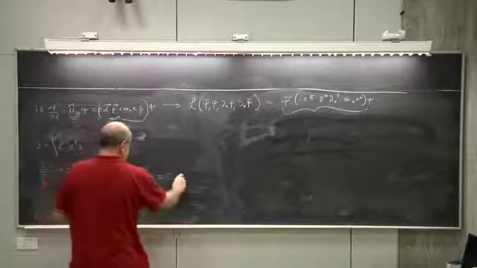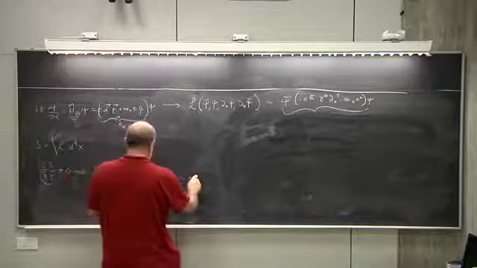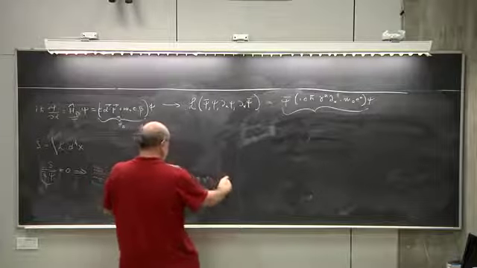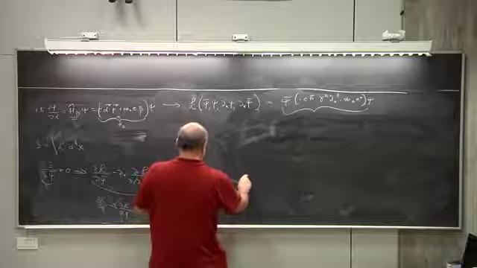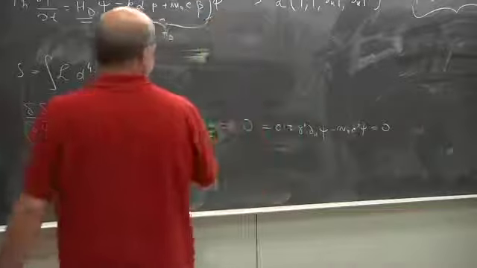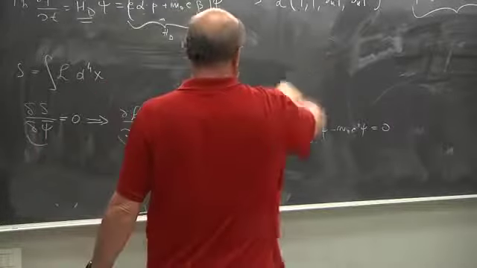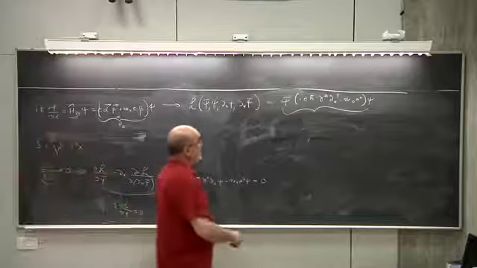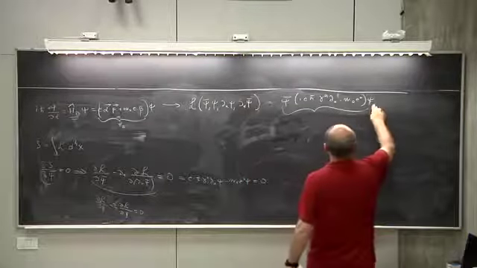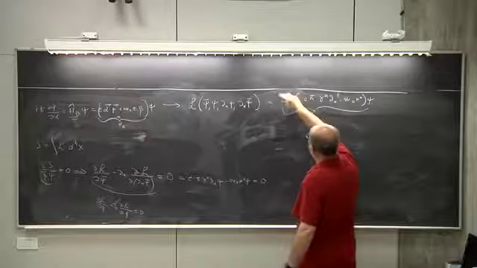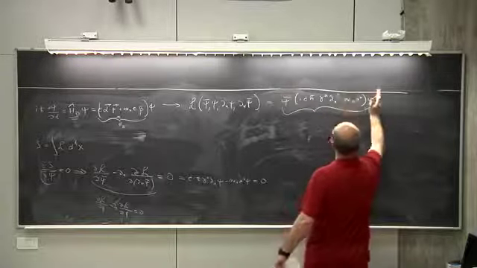If you do this, you get the following thing: i h-bar c gamma mu d_mu psi minus m0 c squared psi equals 0. So I have done the variation of that Lagrangian with respect to psi bar, so I get all the rest applied on psi equals 0, right?